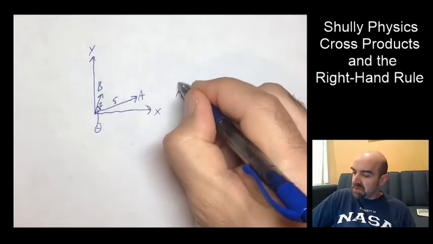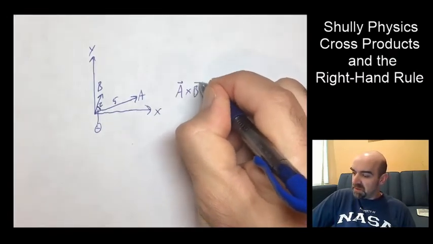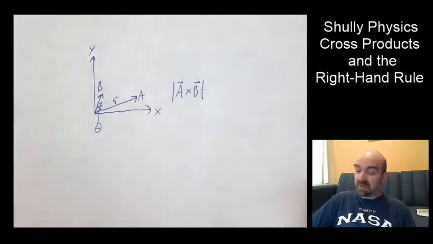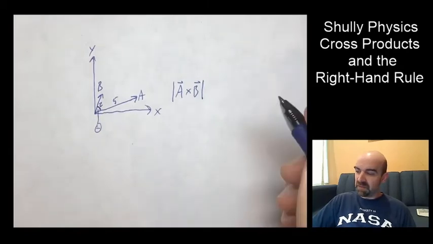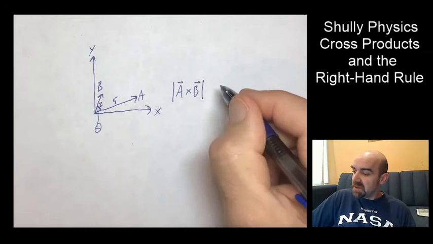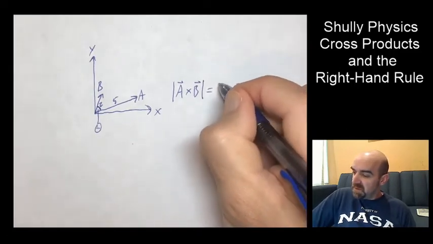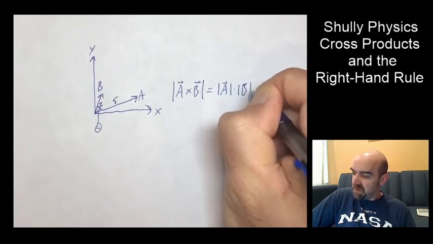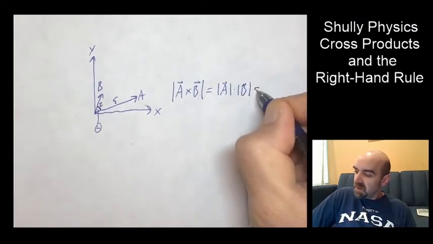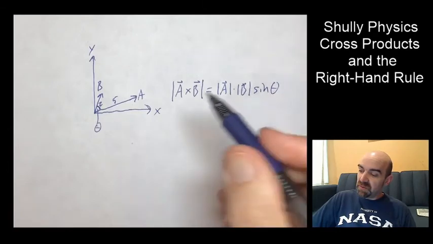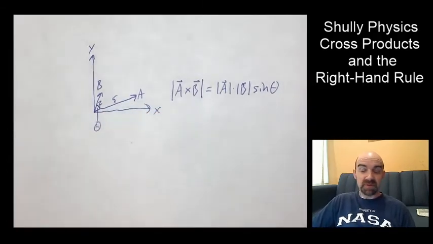So one more definition of A cross B, and I think this is the more useful one: if you want the magnitude of that, and that's often what we're looking for, the direction can be found in just a moment. The definition is the magnitude of A times the magnitude of vector B times the sine of the angle between them. So if we do have the angle between these two vectors, we can determine that.